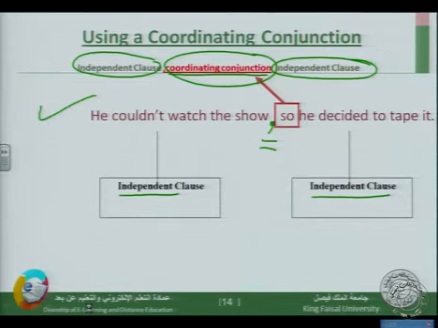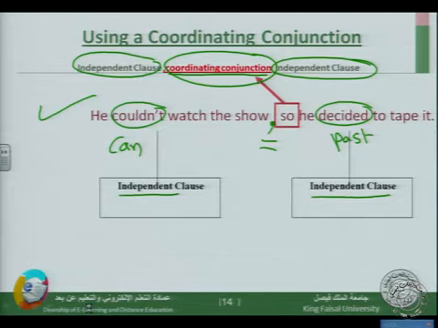This sentence consists of two clauses. Notice, couldn't is past, from can, and decided is also past.